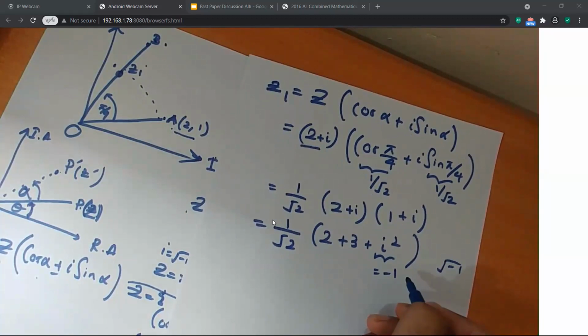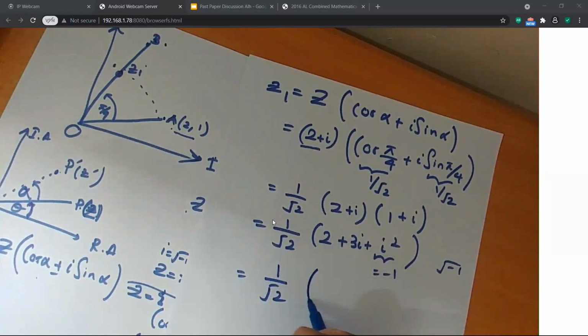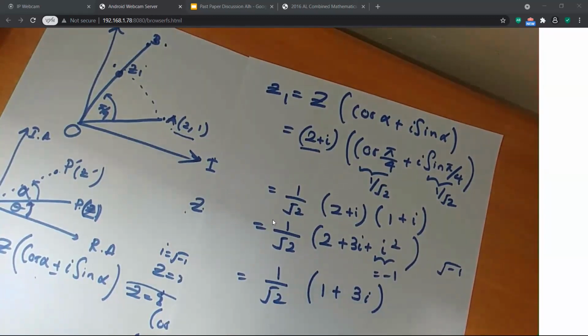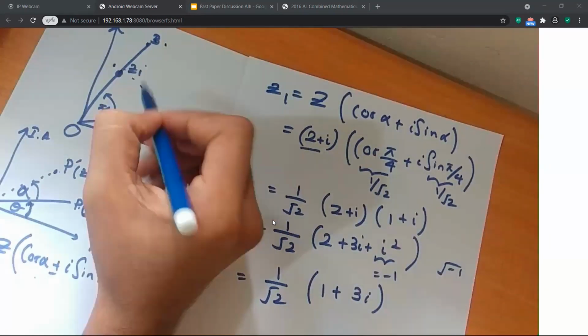So the answer would be 1 over root 2 times (2 minus 1, that is 1 plus 3i). Got it up to that point? What we found is this particular value. We rotated A by this angle and we found this point.